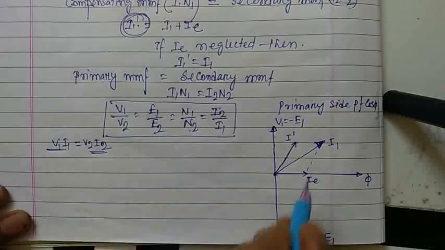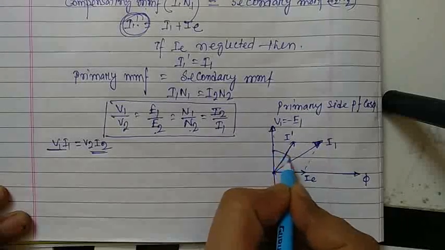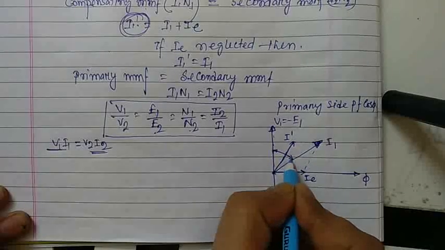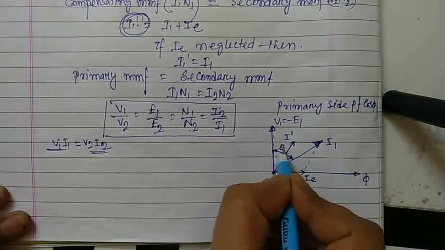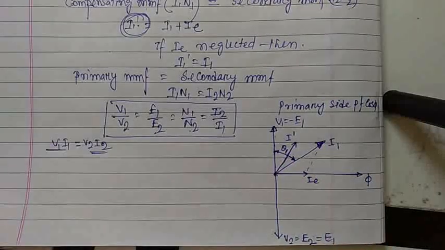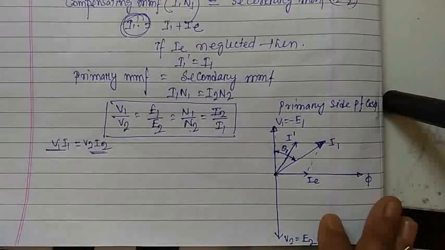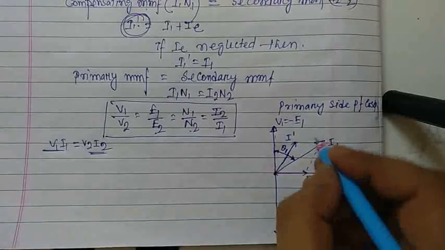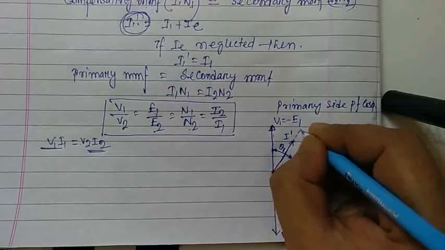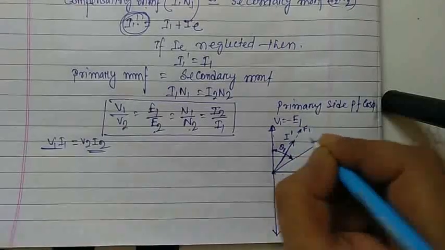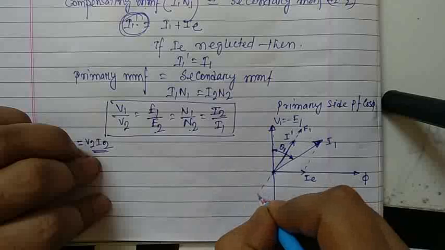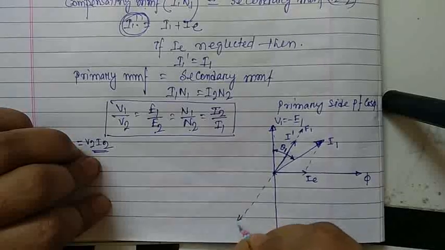Now this is the power factor angle, cos theta 1, that is the angle theta 1. Now the primary MMF is equal to the secondary MMF, so this is your primary MMF, F1, and diametrically opposite is the secondary MMF F2.